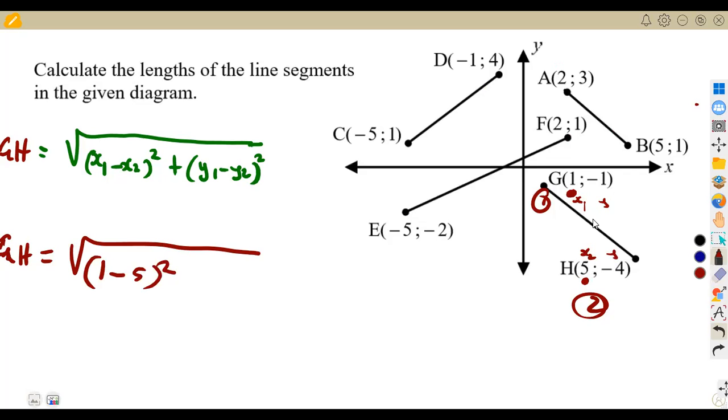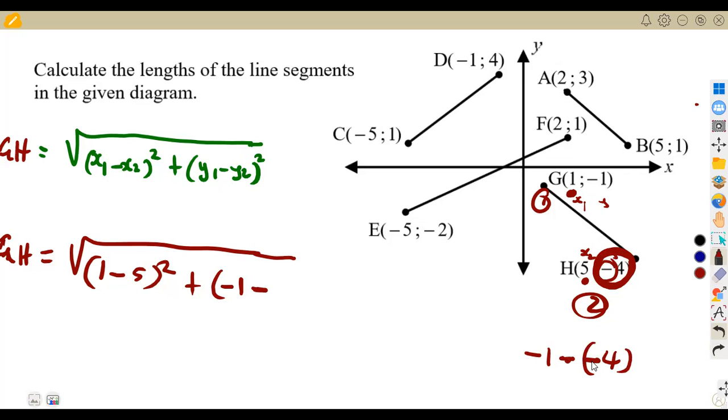Then we move on to the Y value. The Y value, we've got -1, and this is -4. So take note, you're supposed to have the Y1, which is -1, minus Y2, we subtract the Y on the other point, and that Y carries a negative, -4.